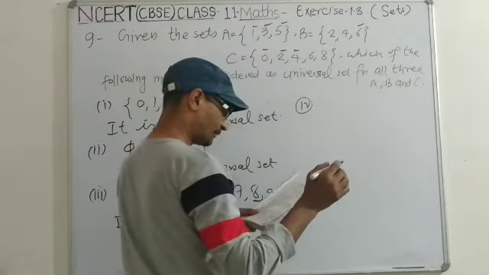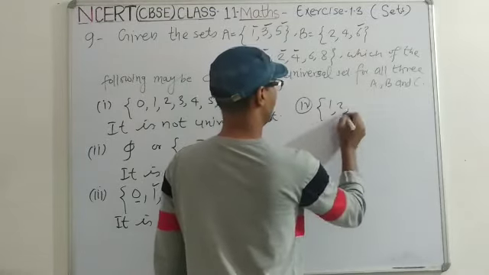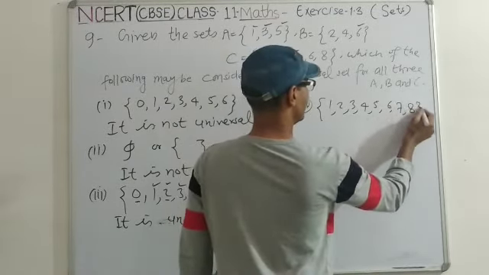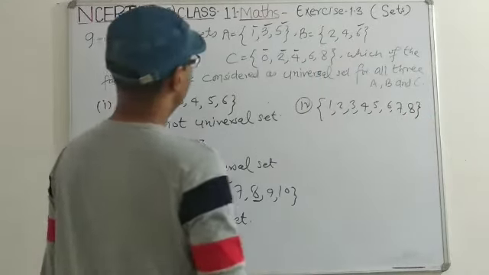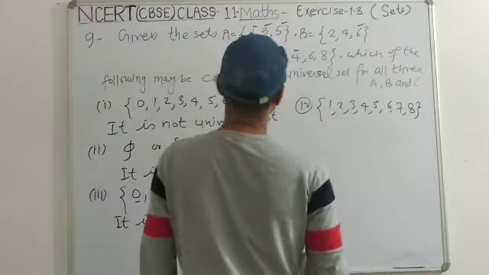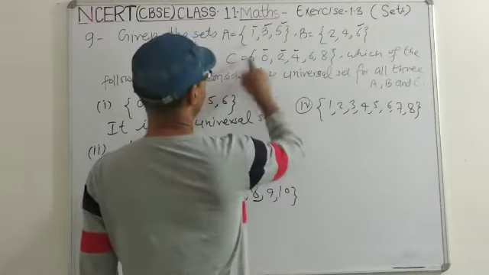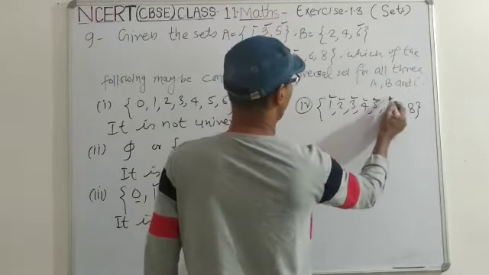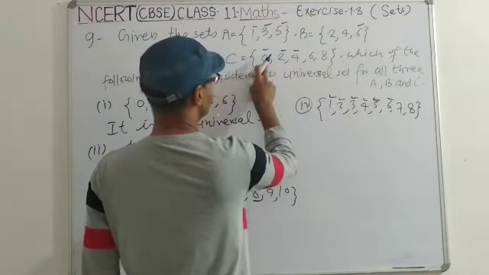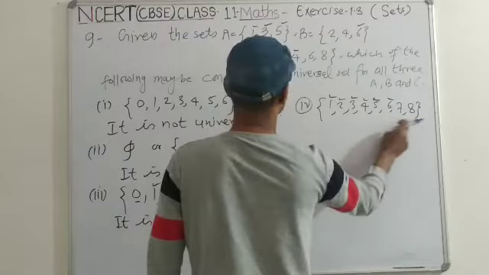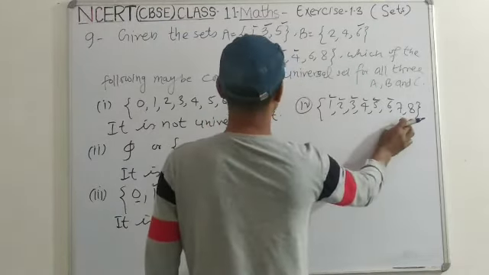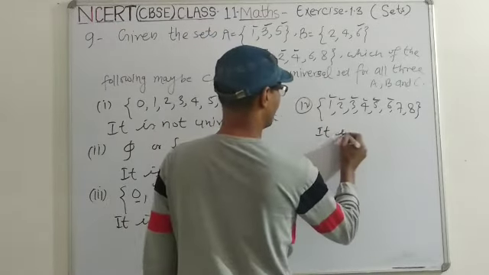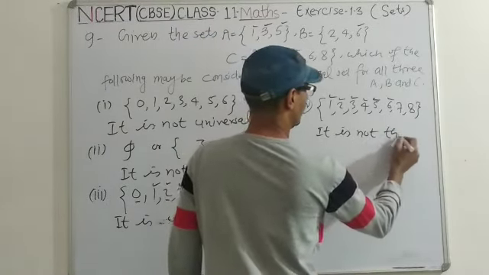1 2 3 4 5 6 7 8. So here also check, elements of A 1 3 5, elements of B 2 4 6 and elements of C 0 2 4 6 8. 0 is not here. 2 4 6 is here, but there is no 0 here, so it is not the universal set.